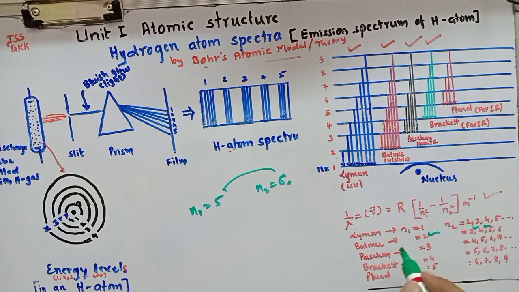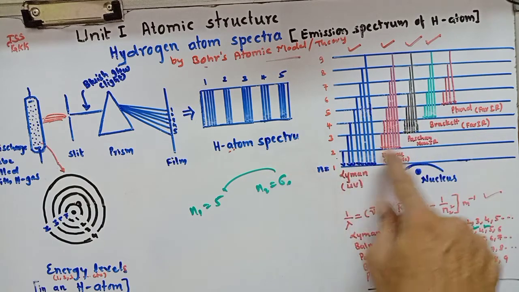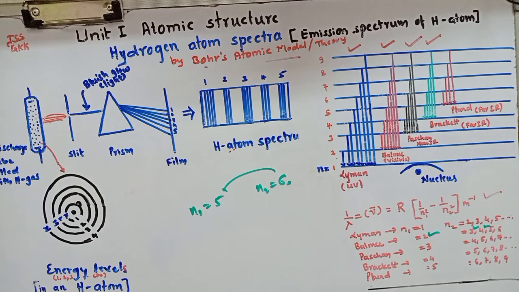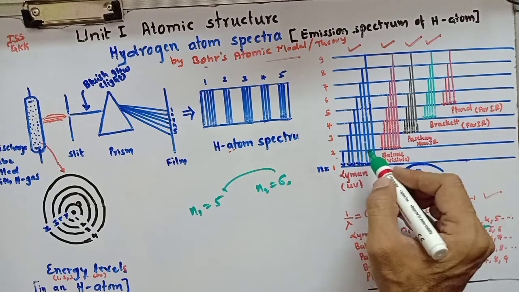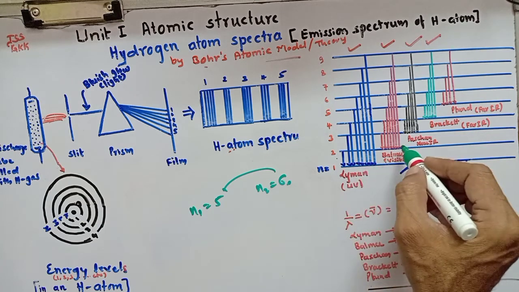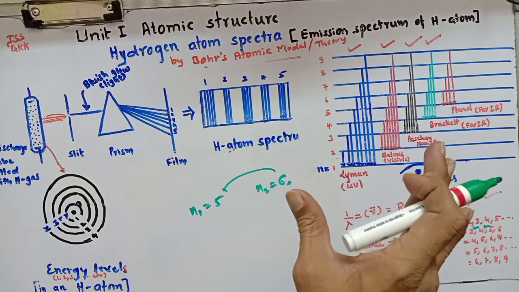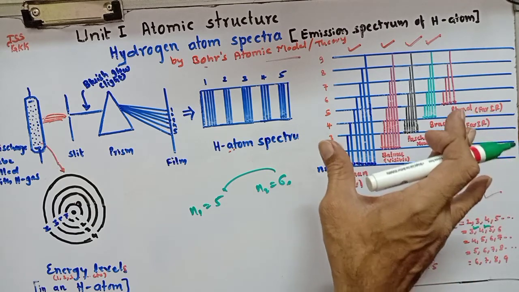So thus, Bohr has also calculated the frequency of these spectral lines, that means the first three series of spectral lines. He has calculated the frequency of all the spectral lines, that means the first six spectral lines in the Lyman series, Balmer series and Paschen series, and compared them with the experimentally observed values of frequencies.